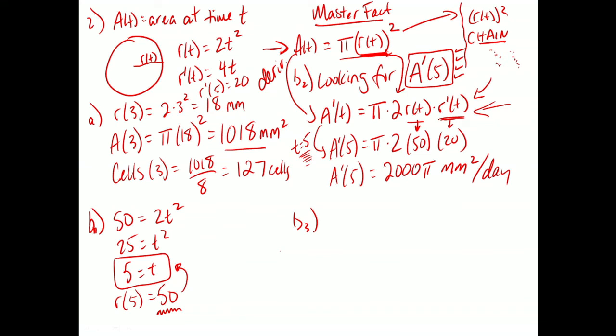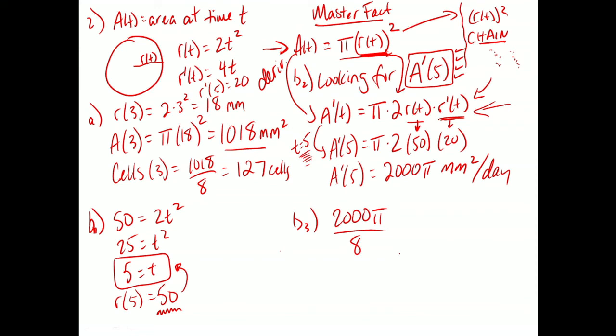Well, that's just going to bring us back to the fact that we know that in terms of space, each cell needs 8 square millimeters of space. So if I take my answer here, 2000 pi, from the last part, and divide that by 8, that should do this conversion for me and tell me how many actual cells you're adding per day at this time.